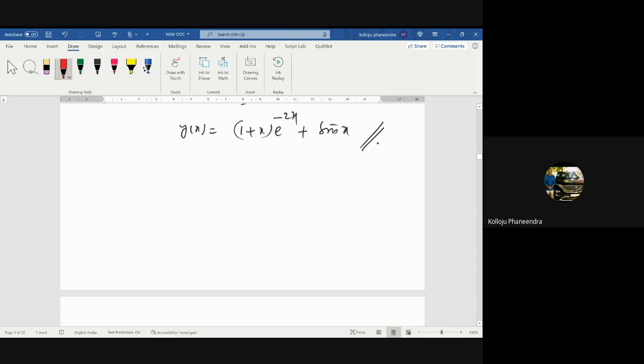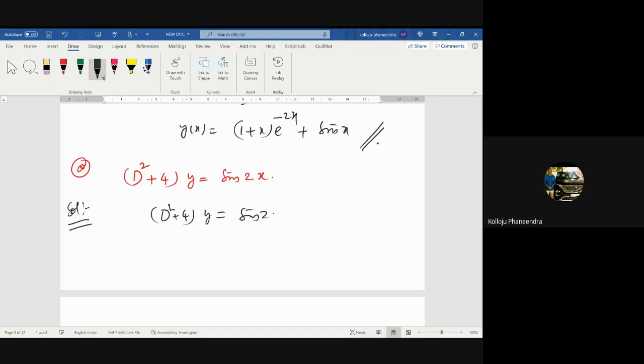See, D square plus 4 into y equal to some choice is yours, whatever it is. Sine 2x I'm taking. Listen, this problem, simple problem, but catch the logic. That is important. D square plus 4 into y equal to sine 2x.